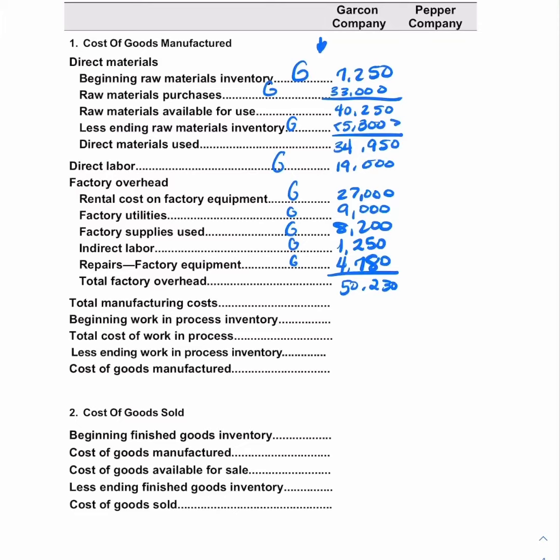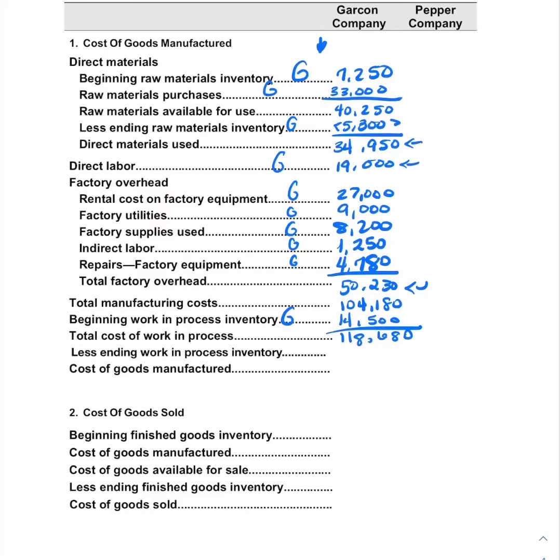Next, we have total manufacturing costs. This is just going to be the sum of my total direct materials used, direct labor, and factory overhead. When I add those three numbers up, then I will find this equals $104,180. Next, I will add in my beginning work in process inventory, which was also given, for $14,500, which gives me total cost of work in process $118,680.